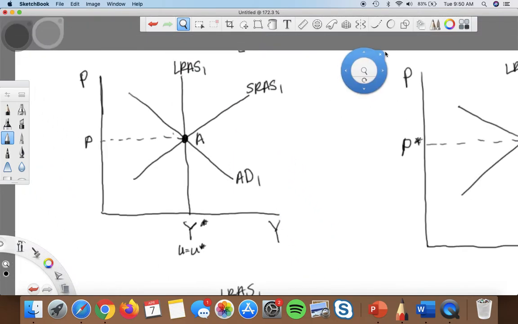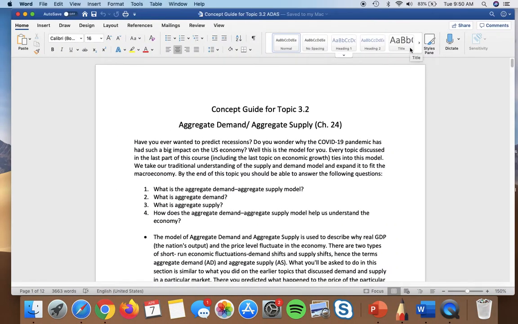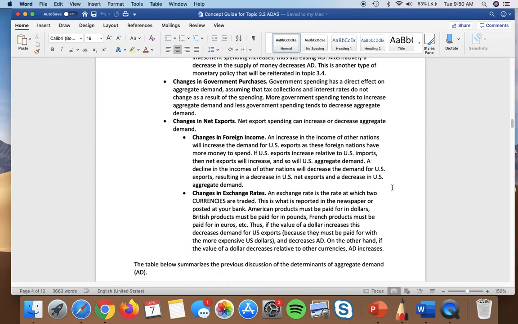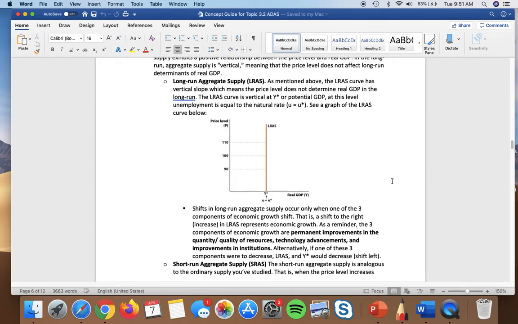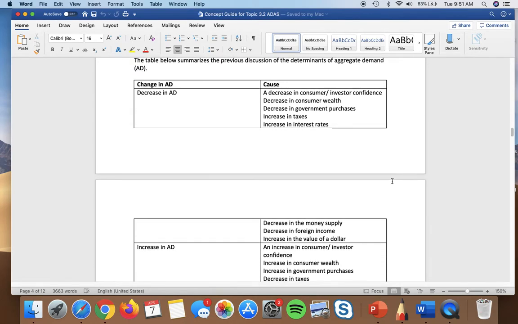So what I have here on the other slide is the concept guide for topic 3.2. And so we're going to go through and look at the list of the different events that can shift aggregate demand and aggregate supply and see what's happening based on what we know is occurring in the economy.